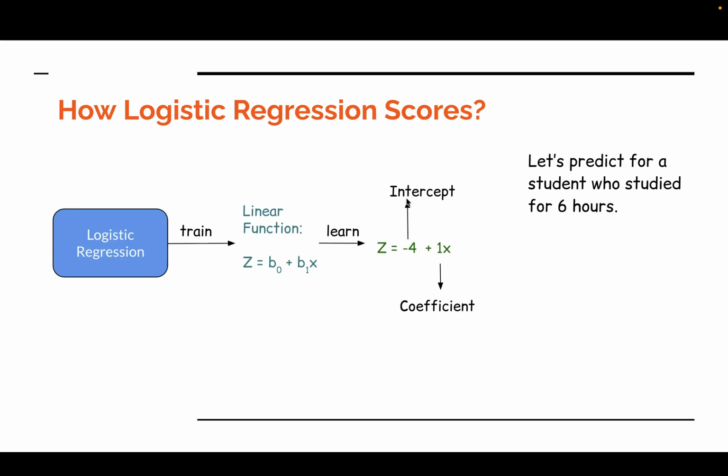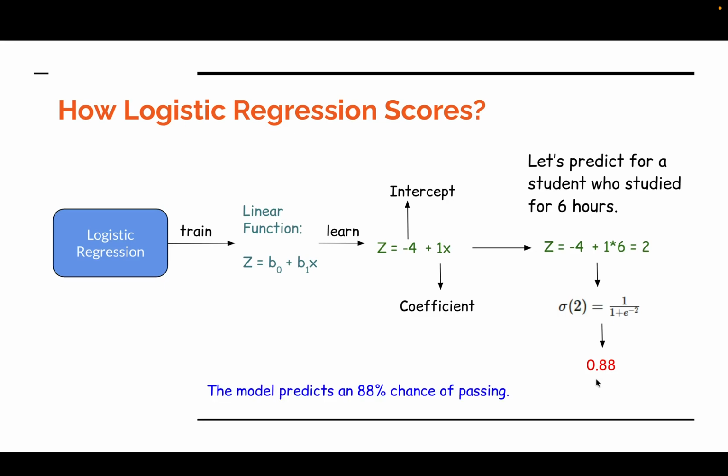Now consider you want to predict for a student who studied for 6 hours. Now you take the 6 hours and put it here and get a value of z as 2. Now you will be sending that 2 to sigmoid function and you will be getting a score of 0.88. So this 0.88 means that the model predicts an 88% chance of passing if the student has studied for 6 hours.